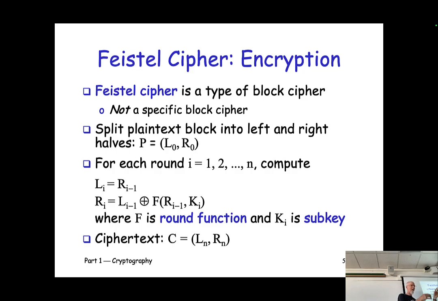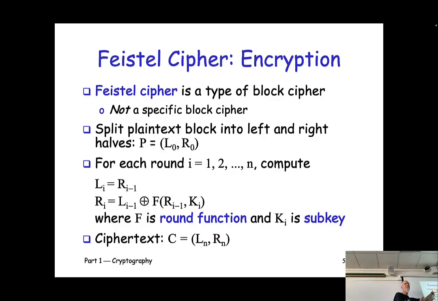This again is specified as part of the algorithm. You will have to know this formula: L sub i is equal to R sub i minus 1 and all this. Just think of it in words. It's much easier, at least I think it's much easier, to remember this in words than to try to memorize the formula. What this says is the new left half is the old right half.